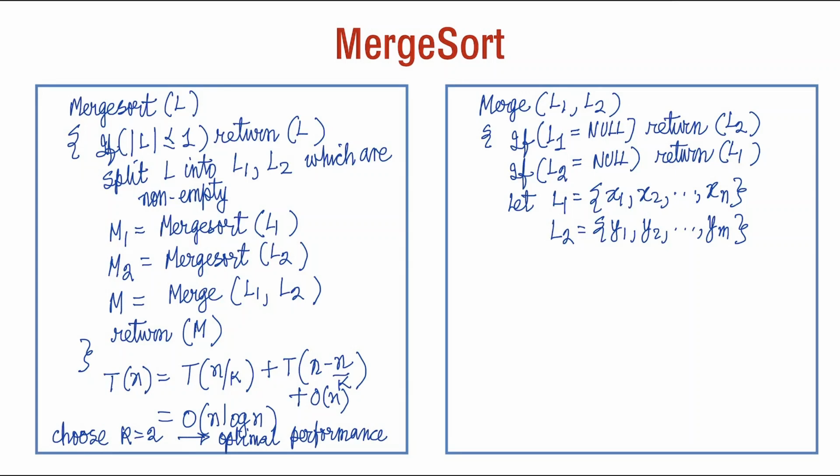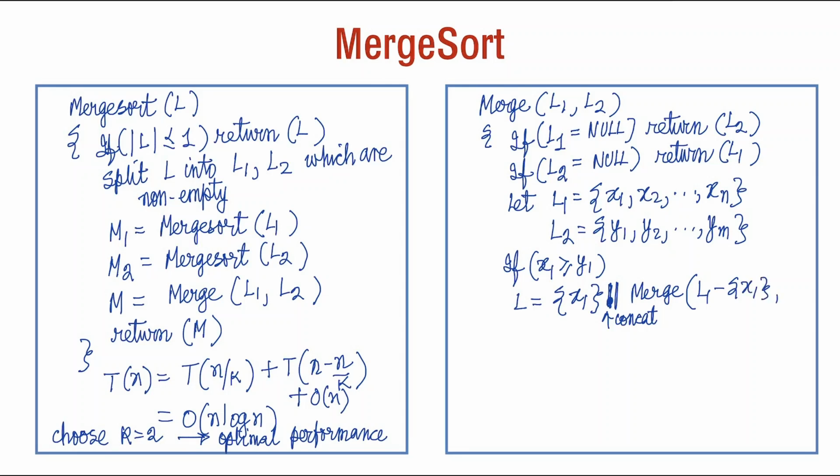Then again we apply recursion, and we say that if x1 is greater than or equal to y1, all we need to do is return L equal to x1 concatenated with, so this dot operator is our concatenation operator, merge L1 minus x1, L2.